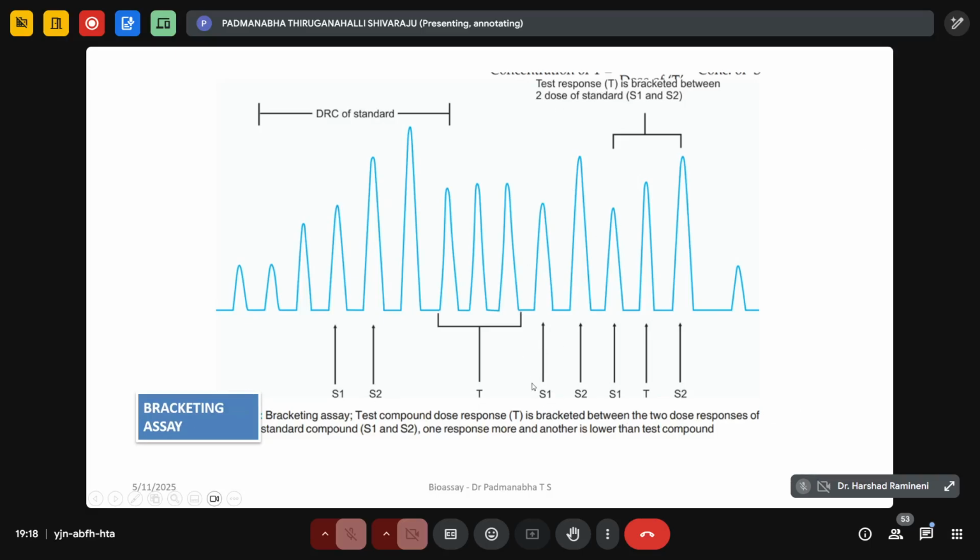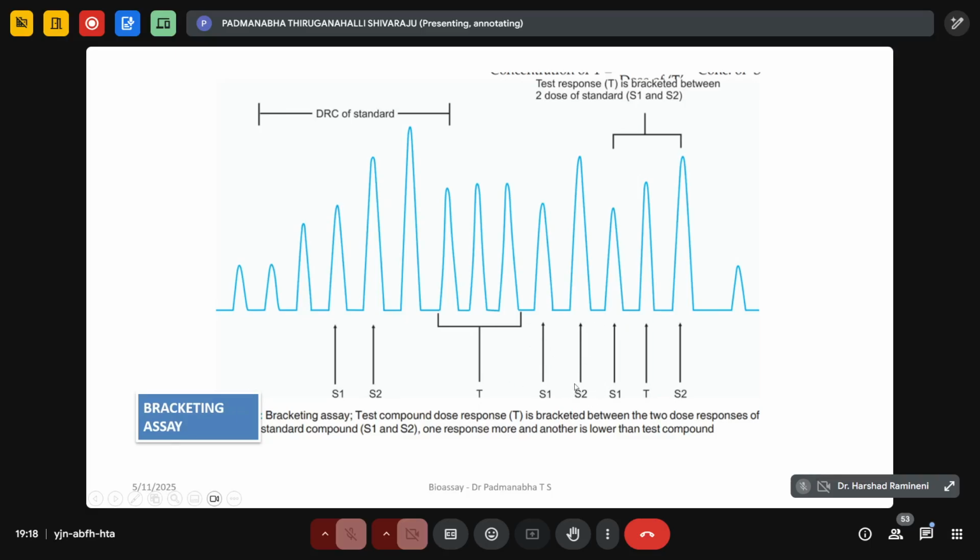So what we are doing here: initially we plot S1, S2. Again, these are checked by comparing the test drug dose or concentration with the standard drug.